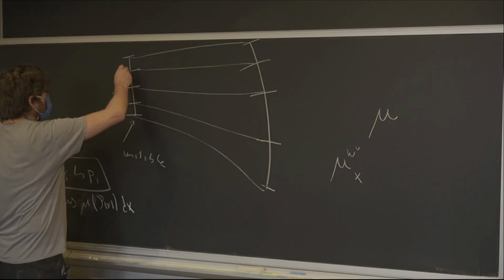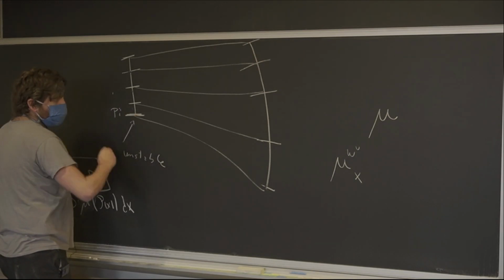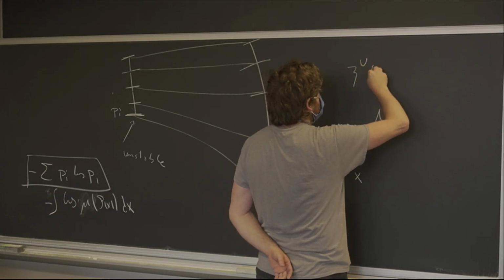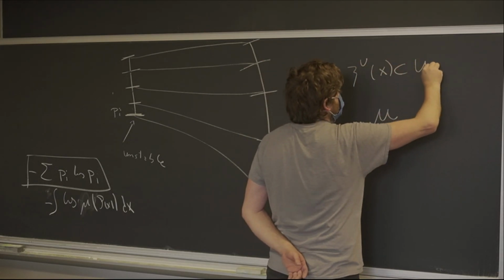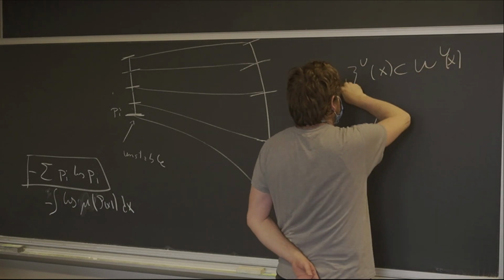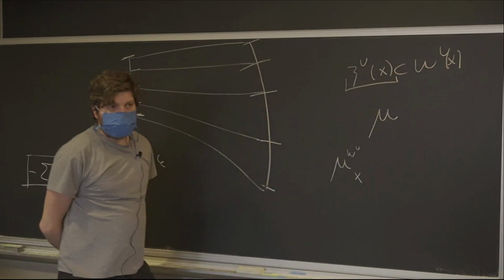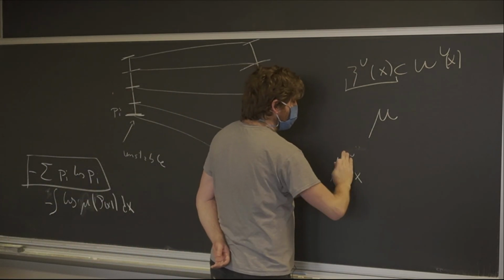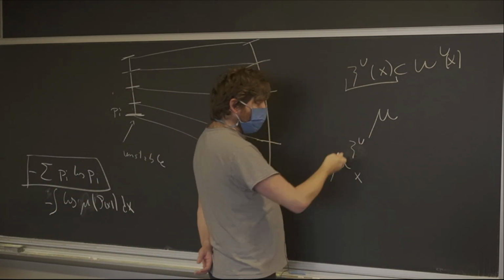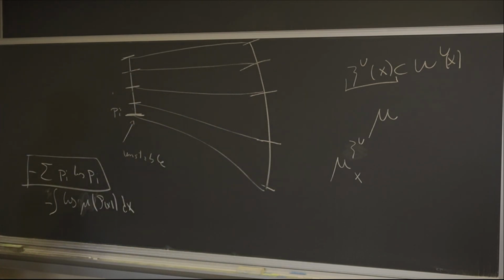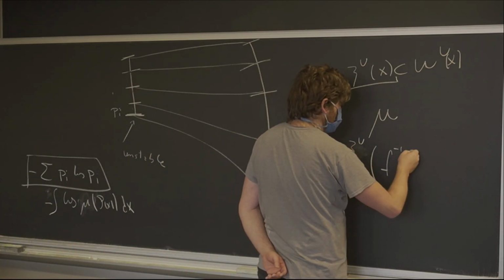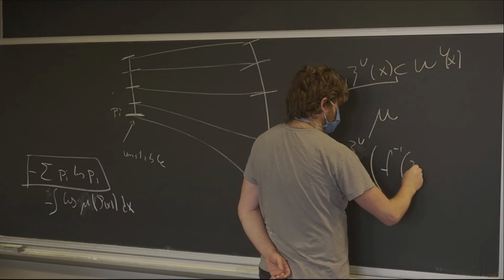So I want to restrict my attention to some atom here. Let's say I have a partition psi^u of x, and then I just restrict my attention to this partition. Instead of doing that, I can just restrict there, which is the same as taking these conditional measures, which now are probabilities. And then I compute it on these atoms.